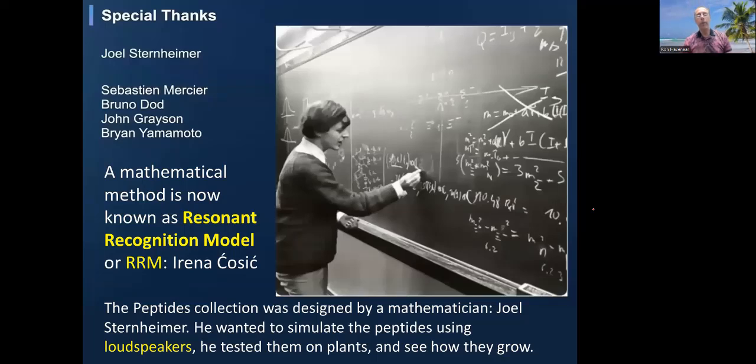So he had a specific way of calculating the specific peptides. He found that a peptide is not enough. It must be a collection of peptides that do the trick. We'll come to that in a few seconds. Today, the model is known as resonant recognition model. We'll explain that in detail.